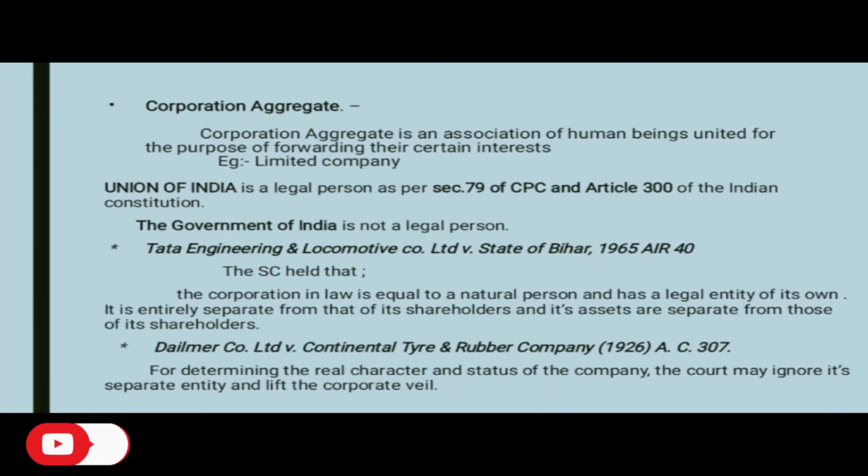Here I mention two cases that deal with the legal personality of the corporation aggregate. The first one is Tata Engineering and Locomotive Company Limited versus State of Bihar, a 1965 case. Here the Supreme Court held that a corporation in law is equal to a natural person and has a legal entity of its own, entirely separate from its shareholders, and its assets are separate from those of its shareholders.